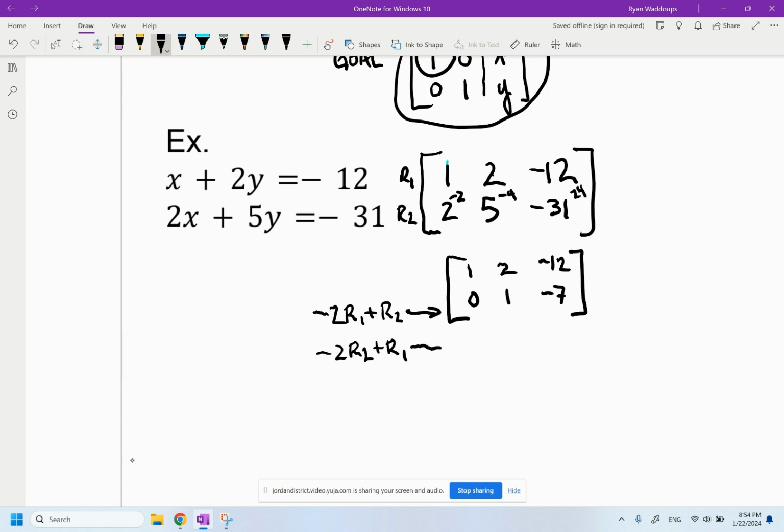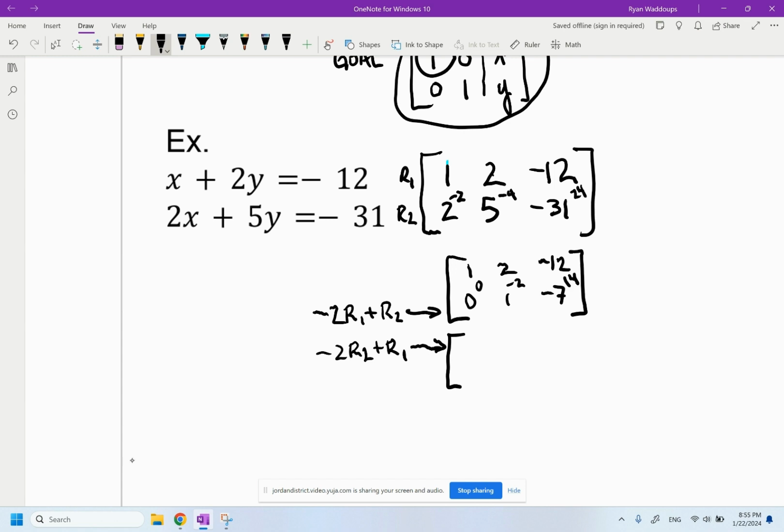That's what I'm doing. And I'm going to keep track. 0 times negative 2 would still be 0. 1 times negative 2 is negative 2, and negative 7 times negative 2 would be a positive 14.